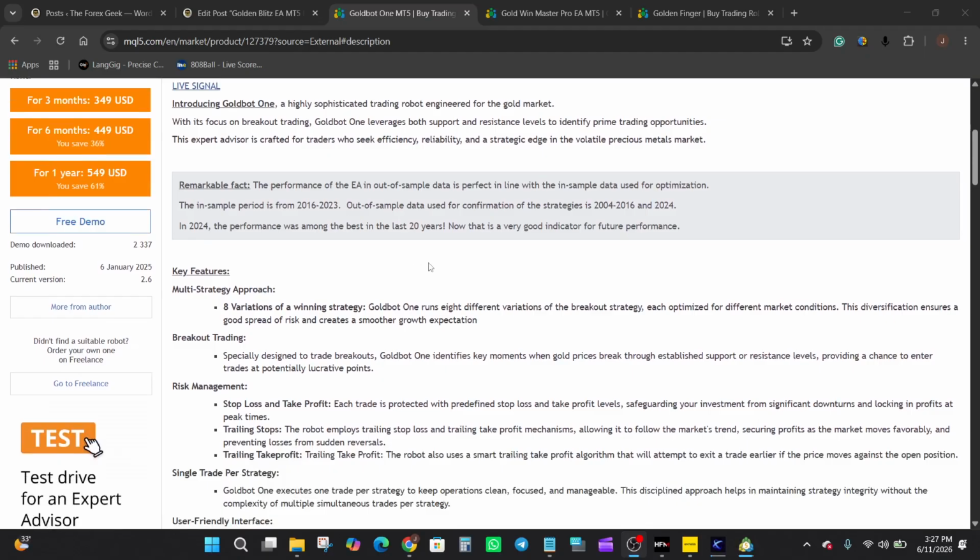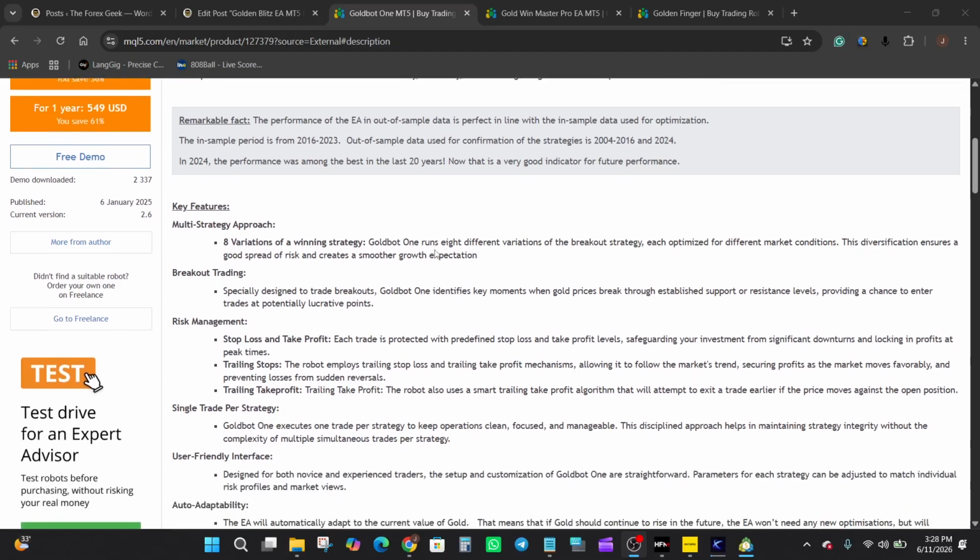All right, the EA runs multiple variations of its breakout model, with each strategy operating independently and executing one trade per setup. This gives the system a more distributed approach to trade selection while keeping execution controlled and organized per strategy.